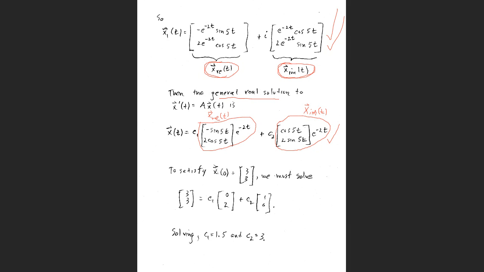And so now I have a general real solution, and I want a general real solution because my x1, x2 plane is a real plane, a two-dimensional real plane, and I need my trajectory solution x to consist of real coordinates. You notice I rewrote x real and x im by factoring out the e to the negative t. That's okay to do.